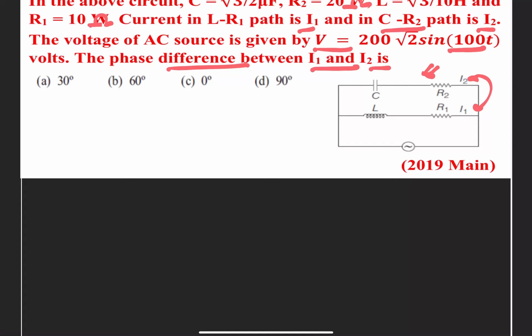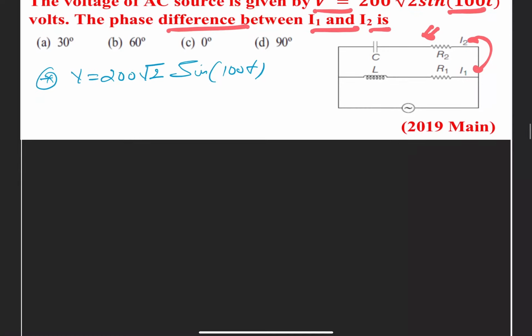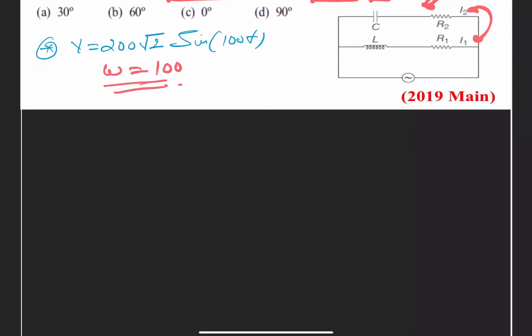So we start with the given equation V = 200√2 sin(100t). From here we can write that omega is equal to 100. First of all, let us consider the LR1 path.